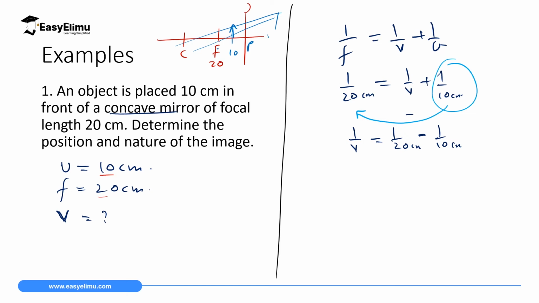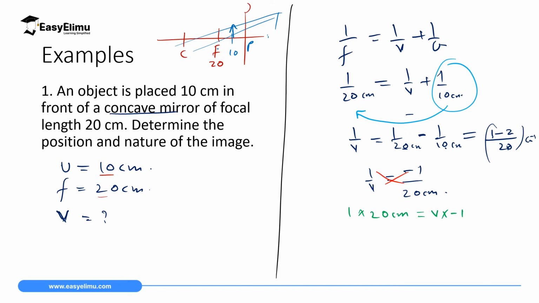Now we can get an LCM for this, and the LCM is 20. 20 divided by 20, 1 times 1, 1, minus 20 divided by 10, 2 times 1, that is 2. So in this case, it will be per centimeter. So if we now solve that, 1 over V is equal to 1 minus 2, negative 1 over 20 centimeter. Now if we solve this by cross multiplication, it will be 1 times 20 centimeter is equal to V times negative 1.